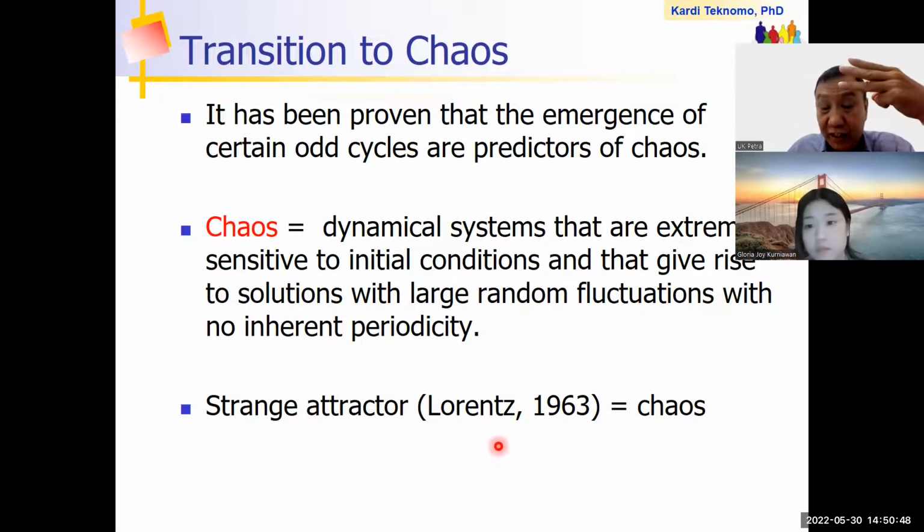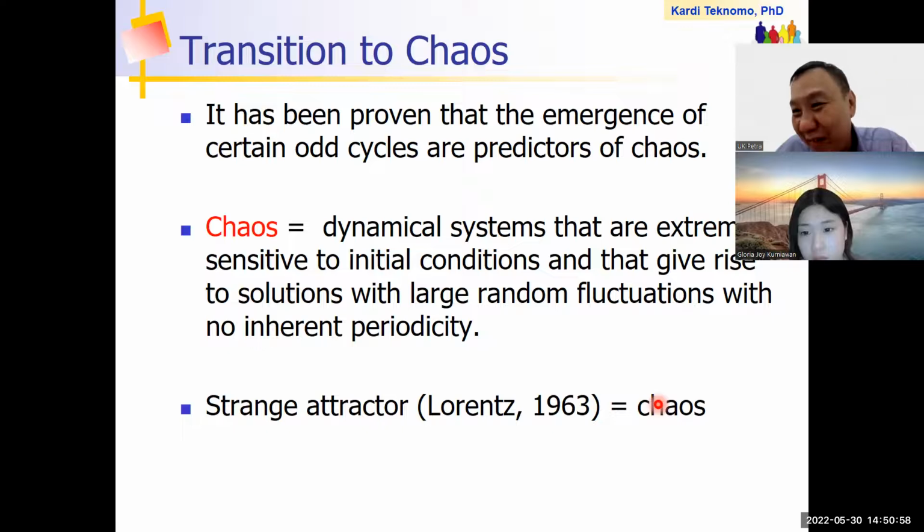It's basically three differential equations that lead to chaos. He studied weather forecasting, and this is where the term butterfly effect comes from. It says that a butterfly flapping in Brazil can create a storm in Indonesia.